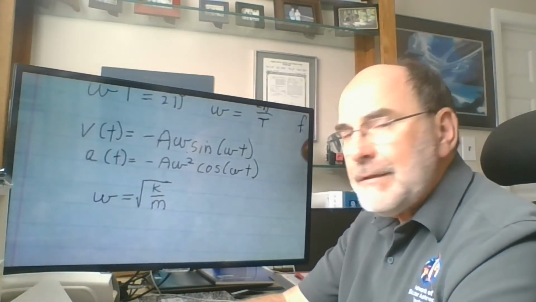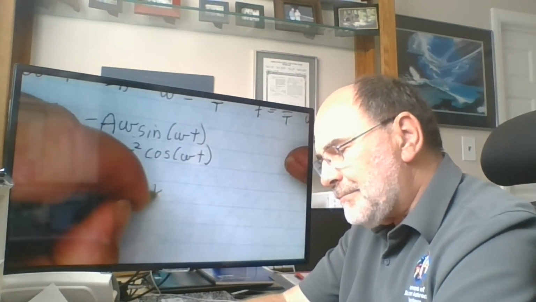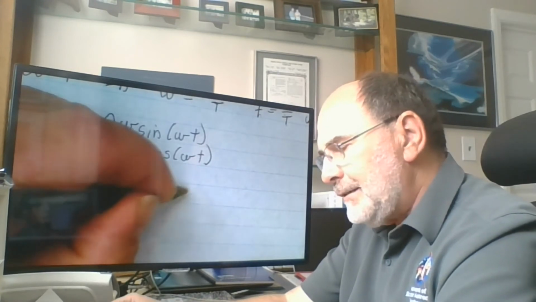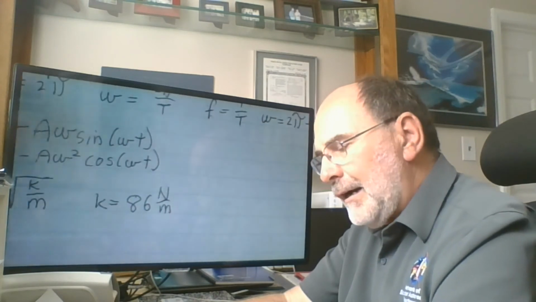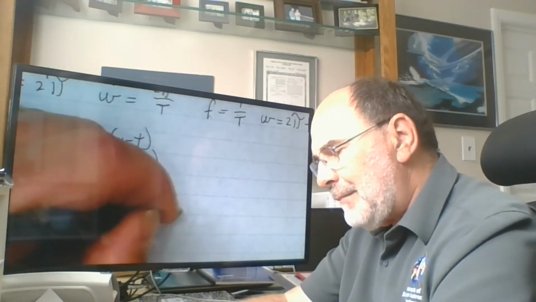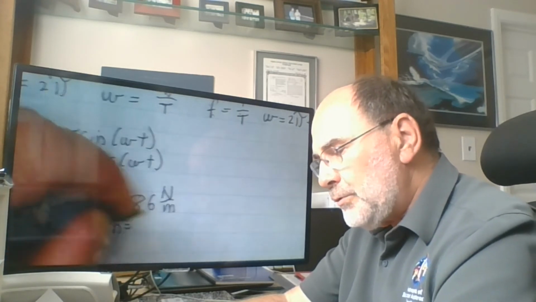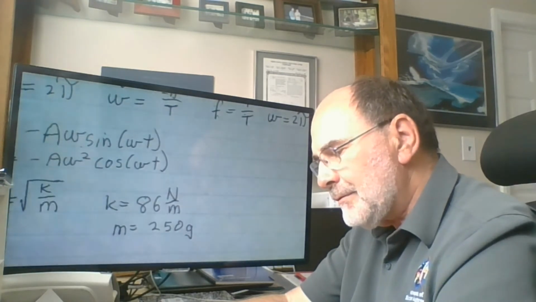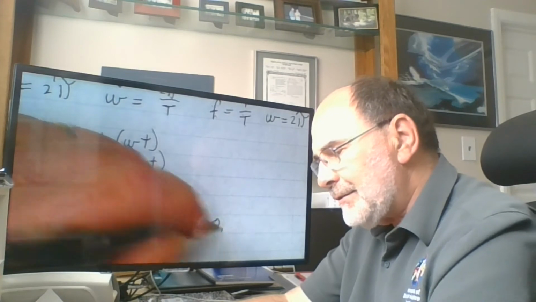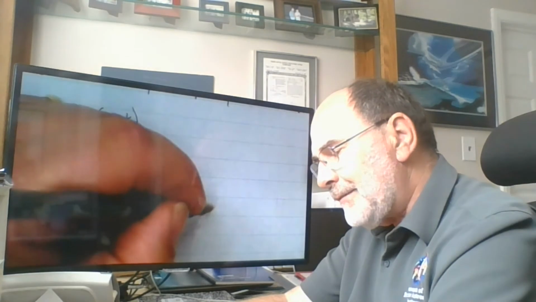And that means if I were to give you a physics problem and I said, okay, I have a spring constant of 86 newtons per meter, and I hang on it a mass of, let's say, 250 grams, which in your head you should realize, oh, convert it to kilograms by moving the decimal point 3 places to the left, 0.250 kilograms.